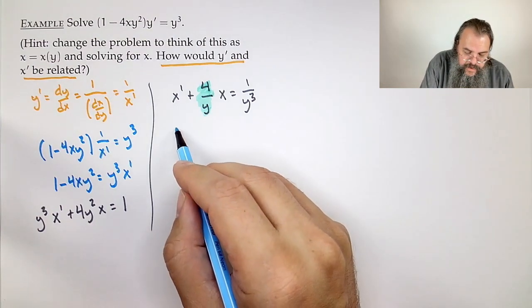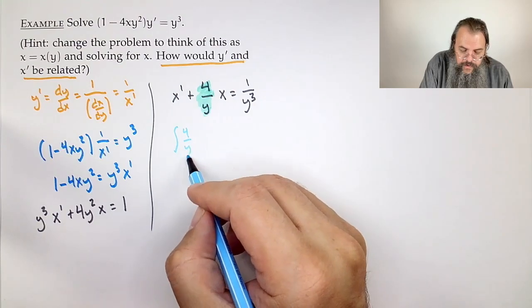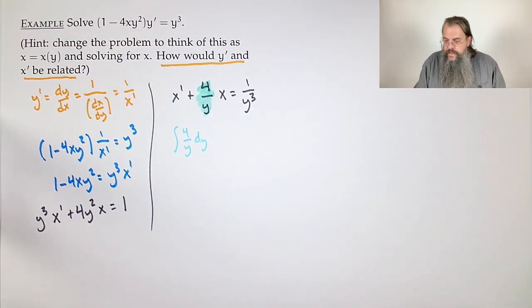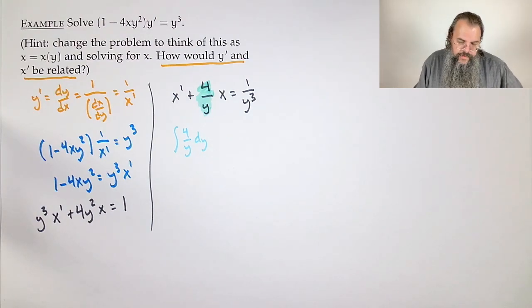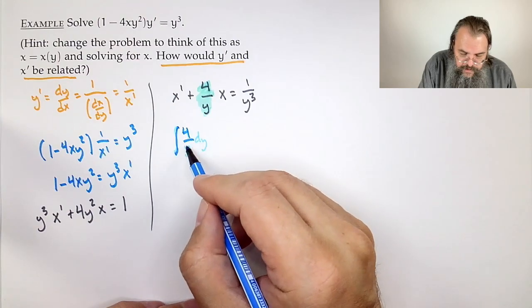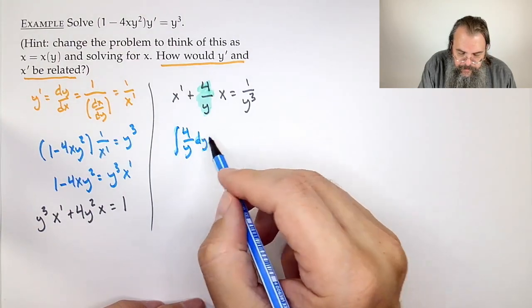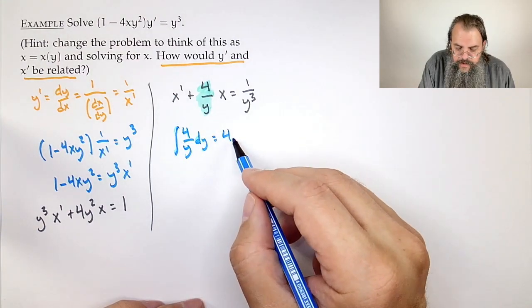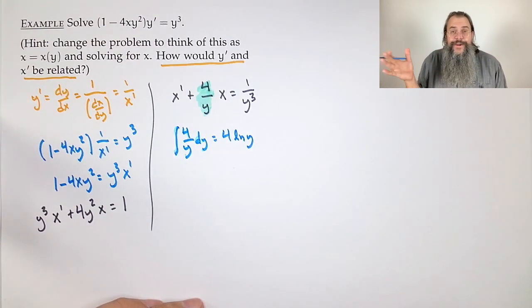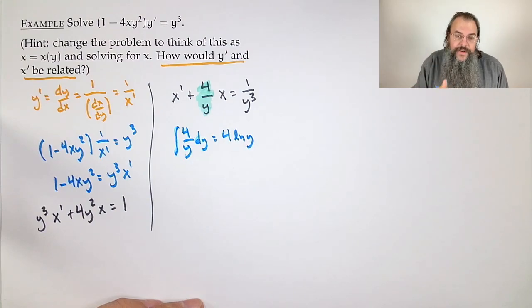So the integral of 4 over y dy, let me get a slightly darker color here. The integral of 4 over y dy, well, that's 4 log y. And again, at this stage, we don't need our constant. Our constant is assumed to be 0.